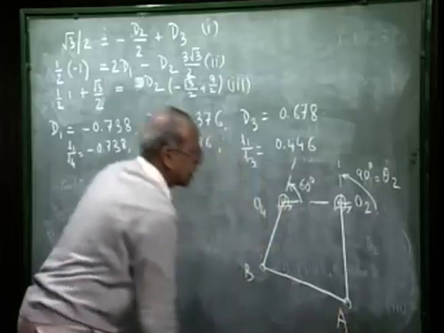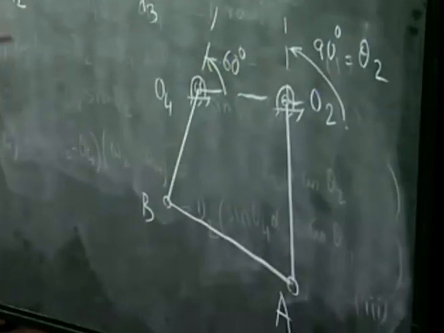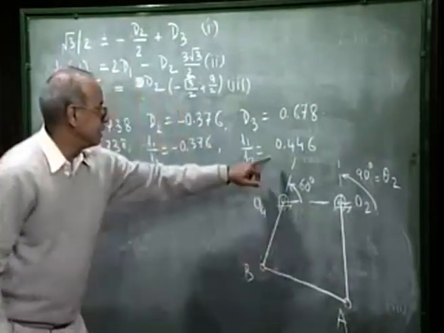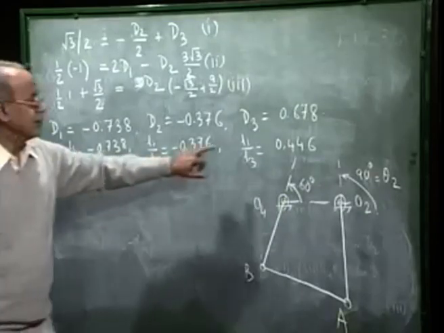So, all the prescribed instantaneous relationship will be valid for this 4R linkage, where this is L2, this is L4 and this is L3 for a given value of L1, which I can solve once I know these three values.